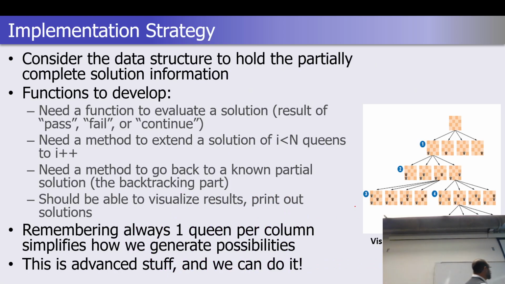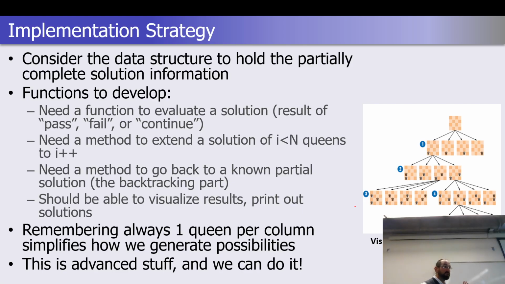We're going to start with the data structure to hold the solution. I think an array of just row/column information is going to be sufficient for that. We're going to need to have that function that determines, are we in a place that is valid or not, essentially. So given a certain queen, is another queen attacking that current queen location?